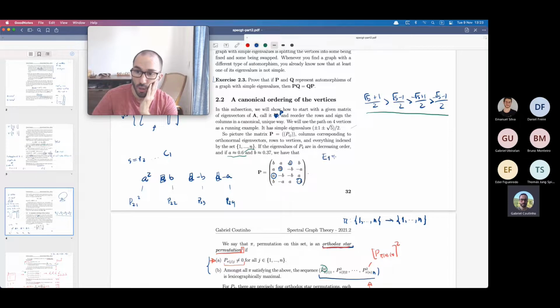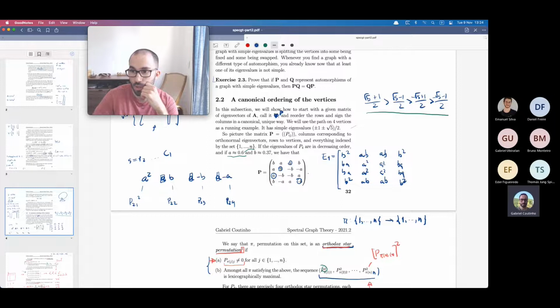So E sub 1 is this first column times itself. So it's going to be B squared, BA, BA, B squared, AB, A squared, AB, sorry, AB, A squared, AB, B squared, BA, BA, B squared.